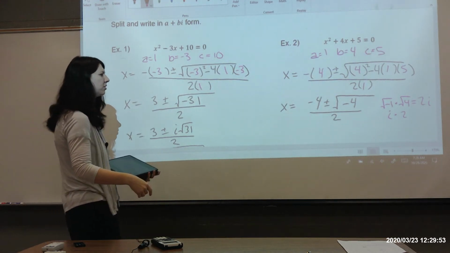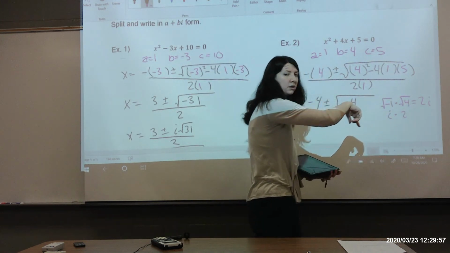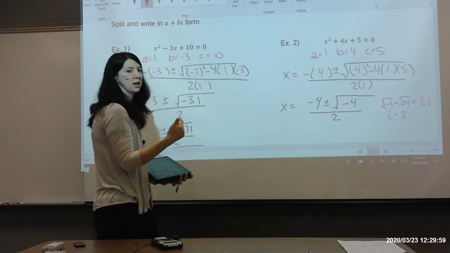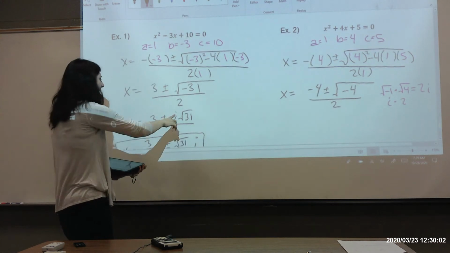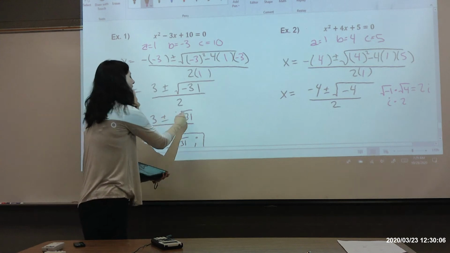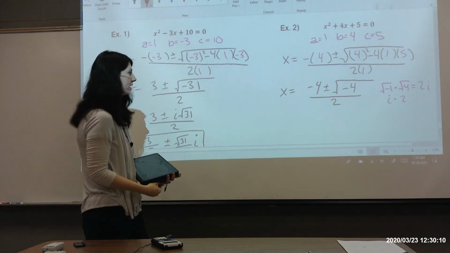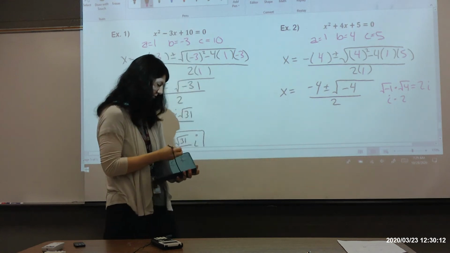I want to point out here, when it's just a regular whole number, our i comes second. Our 2 is like a coefficient. When we have a radical, our i comes first so that we know that the i is not under the radical. That's just good practice, good writing skills. Okay, I'm going to replace my 2i.